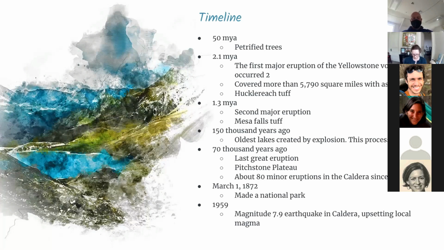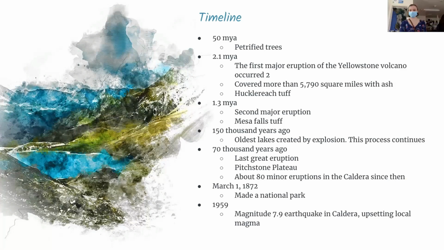The timeline of Yellowstone. 50 million years ago is when we get our first petrified trees. Then 2.1 million years ago is the first major eruption of the Yellowstone volcano. It covered more than 5,790 square miles in ash and was from the Huckleberry Ridge Tuff. 1.3 million years ago was the second major eruption, at the Mesa Falls Tuff.